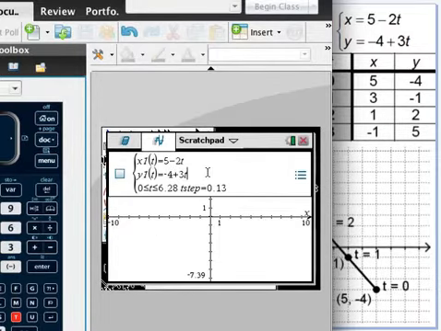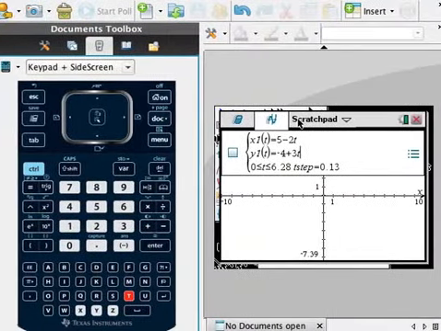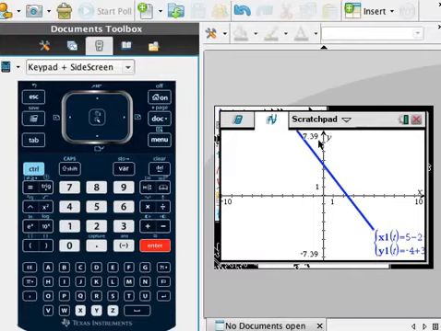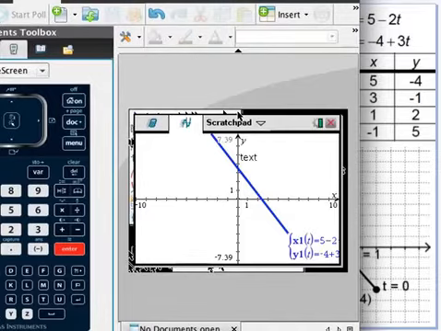And notice on here we have the parameters for your t value and the t-step. We'll get into that more in class, but for this case we just push enter, and that's what the graph looks like. Your x and y values are here, and t is usually time. It's pretty easy to plug them in.